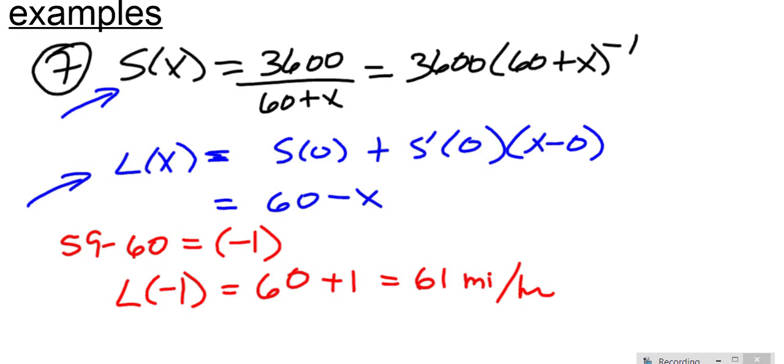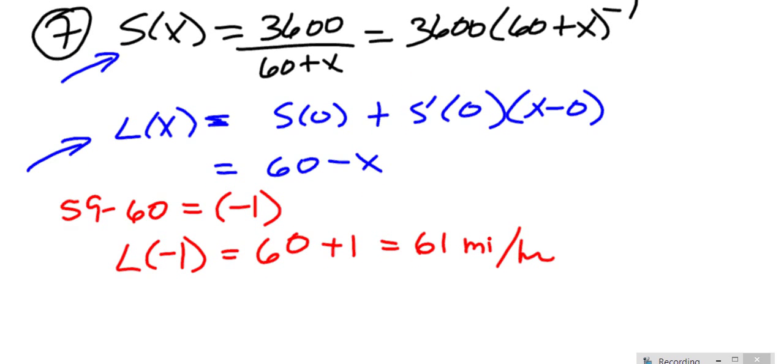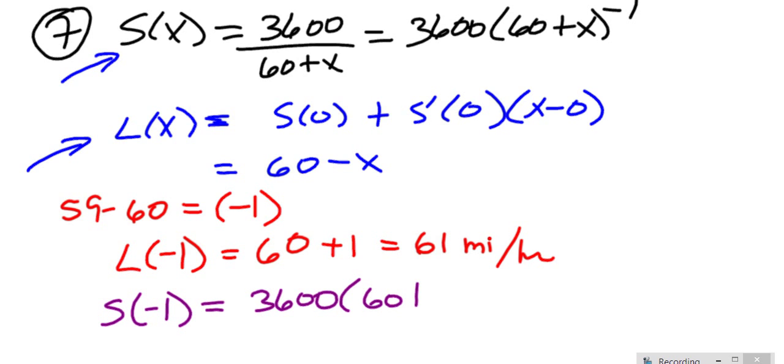And then if I want to find out the exact speed, I'm going to plug it into s of x, with x equal to negative 1.